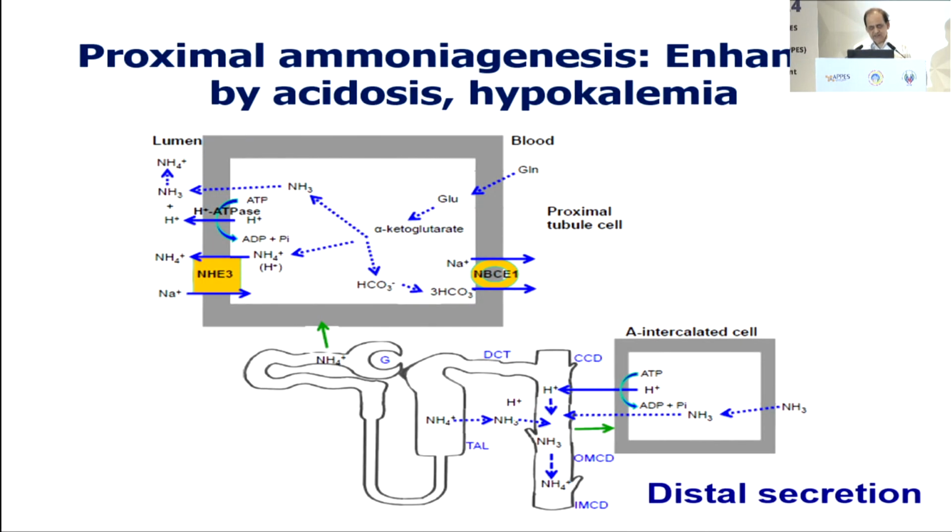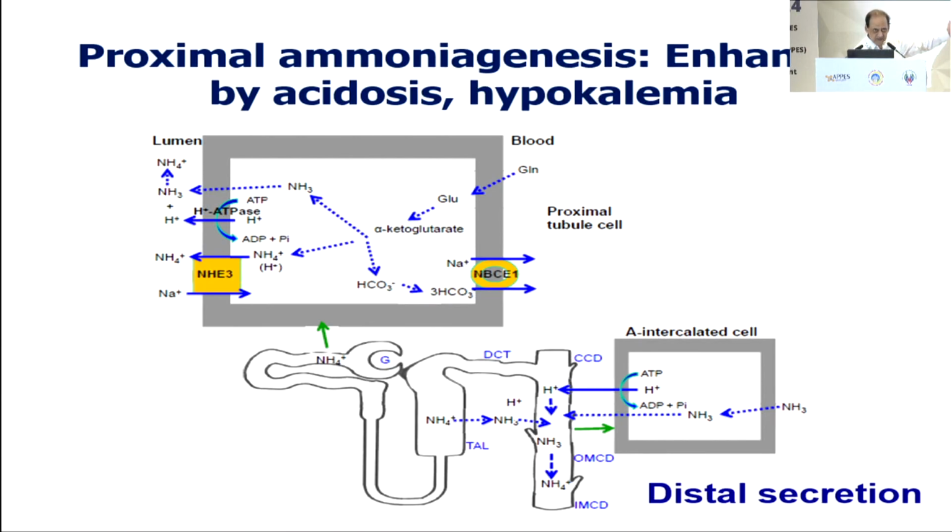The final slide on this is how ammonia is made by the kidney and how it is excreted. This is a slightly complex process. Ammonia is synthesized chiefly in the proximal tubule from glutamine, and each molecule of glutamine leads to production of 3 molecules of ammonium or ammonia. This ammonia is then secreted into the luminal fluid.